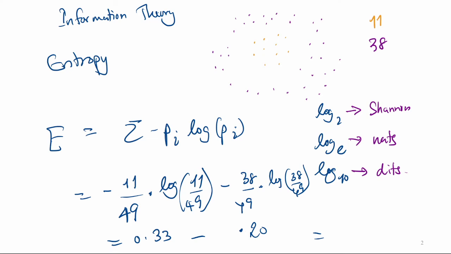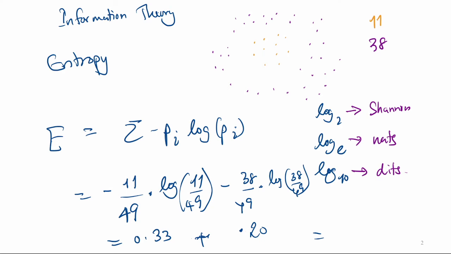Sorry, this is actually plus because this entire part is negative. So we get the number 0.197 something, so I rounded up to 0.20.